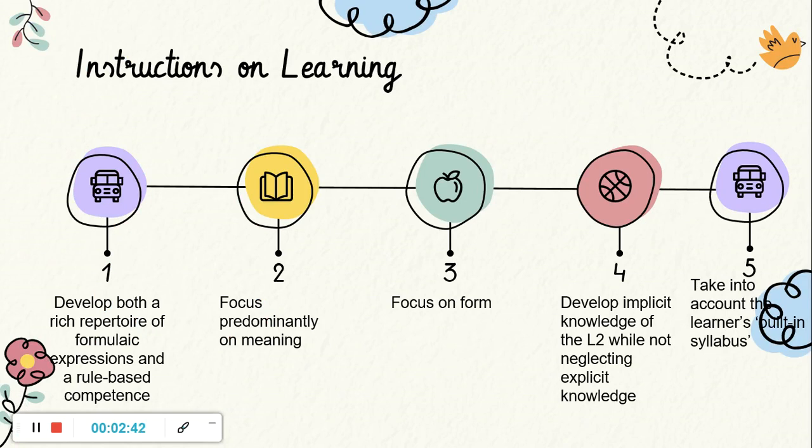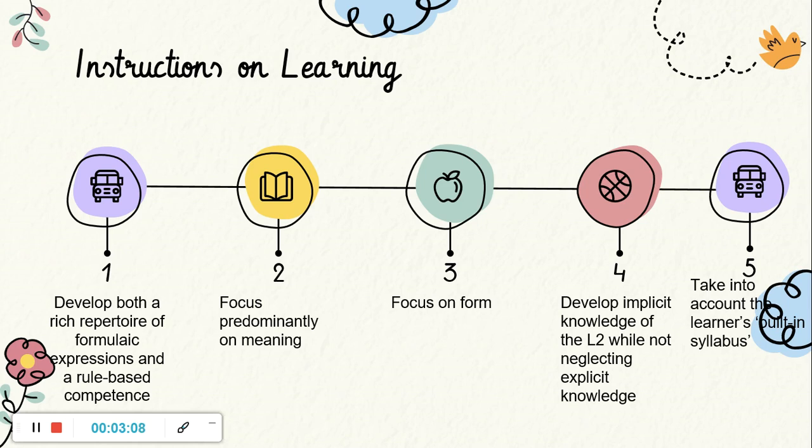1. Develop both a rich repertoire of formulaic expressions and a rule-based competence. 2. Focus predominantly on meaning. 3. Focus on form. 4. Develop implicit knowledge of the L2 while not neglecting explicit knowledge. 5.